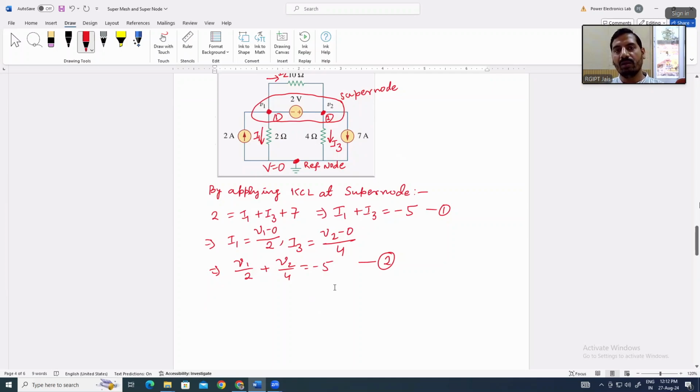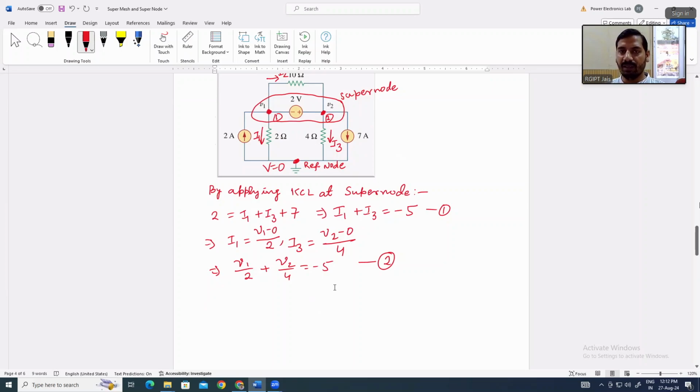I told you in the previous class also, whether we are applying supernode or supermesh analysis, we have to apply both KVL and KCL. So we have applied one KCL. Now we have to take a KVL equation so that we can get another equation in terms of V1 and V2.